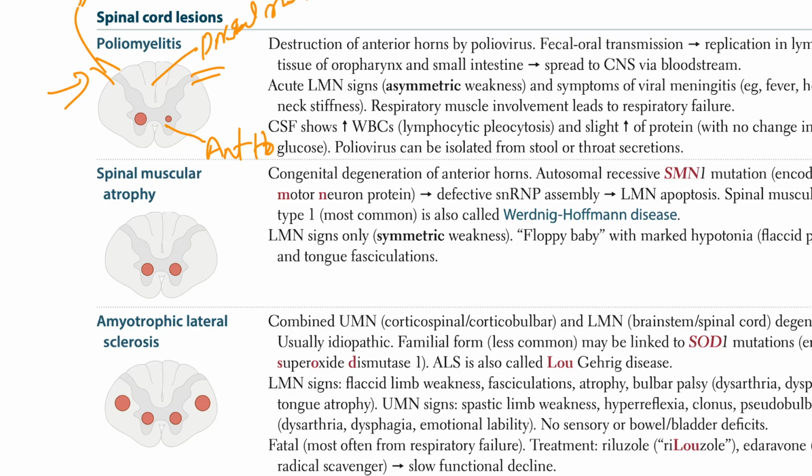Just on the lateral side of it, we have the corticospinal tract running here. And most lateral, we have the spinocerebellar tract. And if there is anything else that we need, we'll talk about that when we see it.